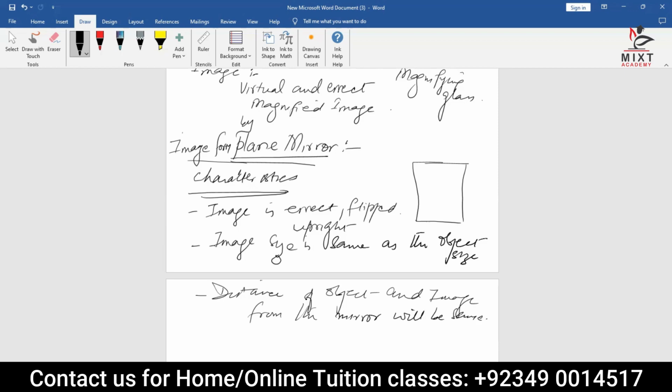This is for the mirror. Now, one more thing, which is actually about magnification. Especially when you're talking about the lens, you're talking about the magnification. Now, what is magnification?